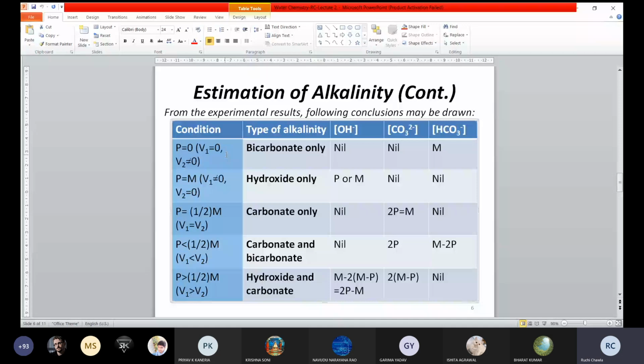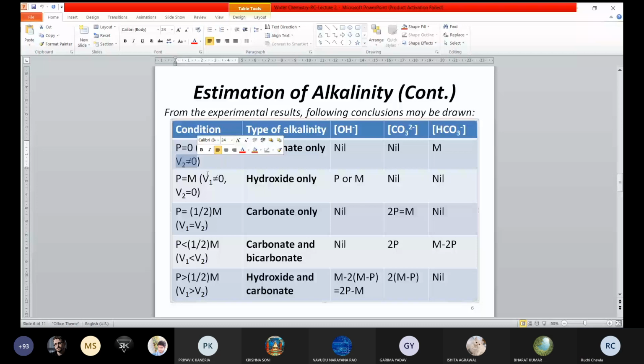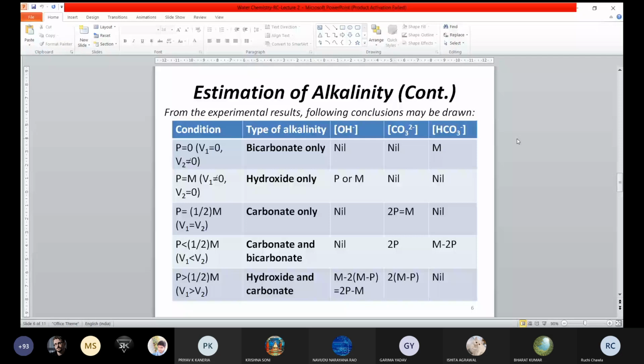If this is the case, firstly tell me what is going to be the experimental observation. V1 is 0, but V2 is not 0. What will that mean experimentally? What is going to be your observation? You will add phenolphthalein.